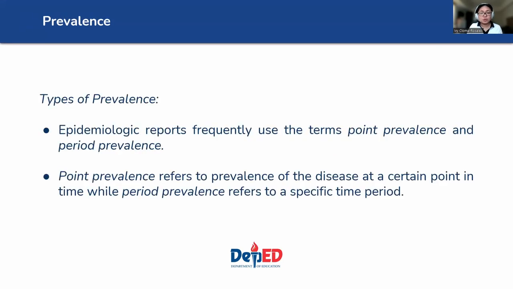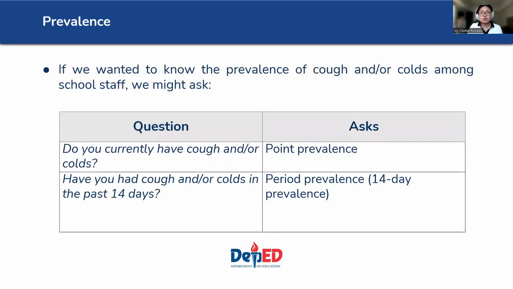Now, there are two types of prevalence frequently reported: point prevalence and period prevalence. Point prevalence refers to the prevalence of the disease at a certain point in time, while period prevalence refers to a specific time period. For example, say we wanted to know the proportion of school staff who had cough and colds.